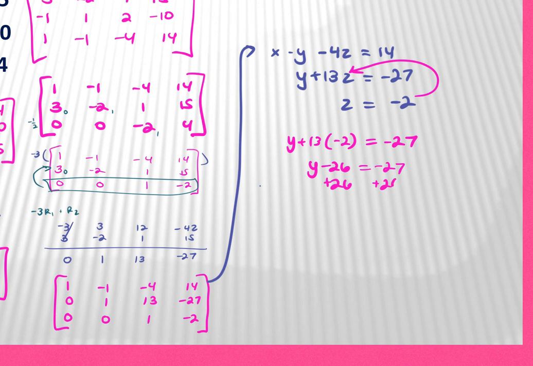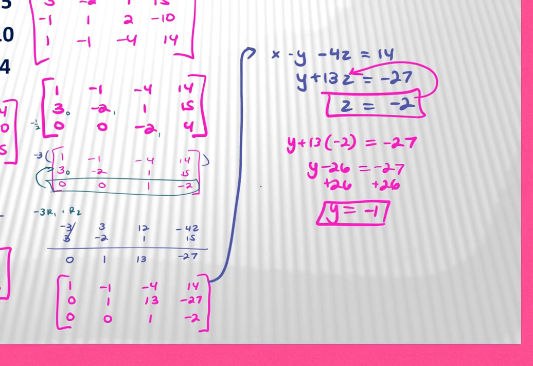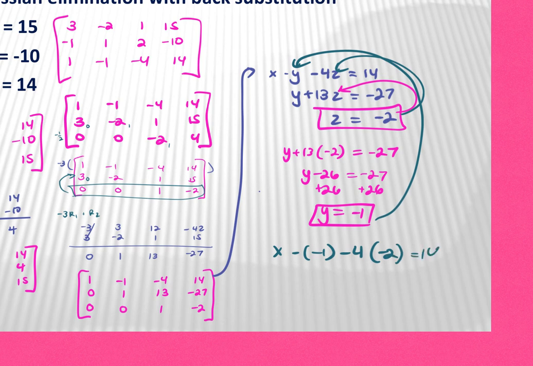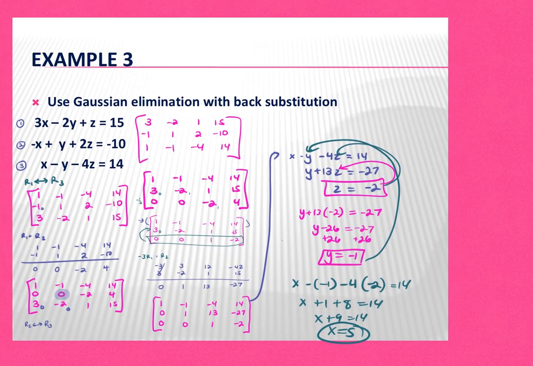Add the 26. Y equals negative 1. That's my second variable. Take them and plug them into the first one. X minus a negative 1 minus 4 times negative 2 equals 14. X plus 1 plus 8 equals 14. X plus 9 equals 14. And x equals 5. So 5, negative 1, negative 2 is the solution.